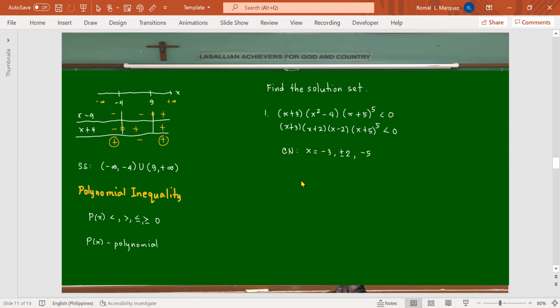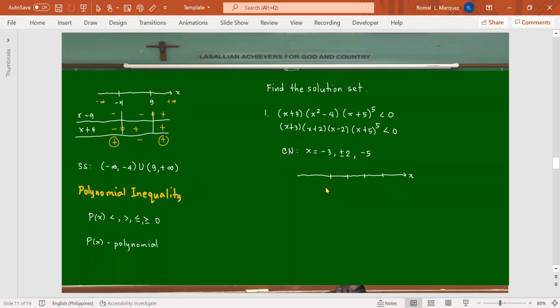Then after getting the critical numbers, you're going to arrange them on a number line. Who wants to give me the arrangement on the number line? It's all right, not accurate. This is just an approximation.